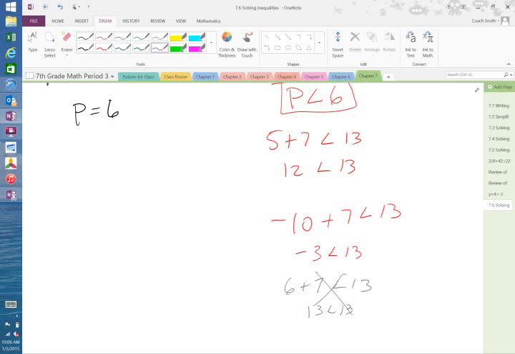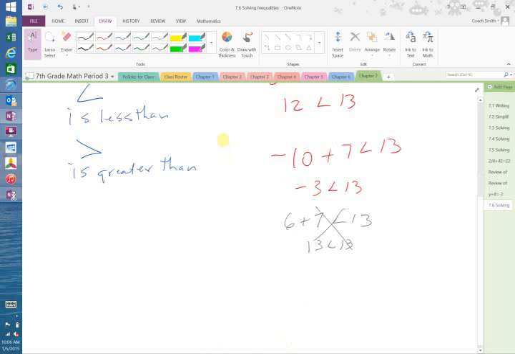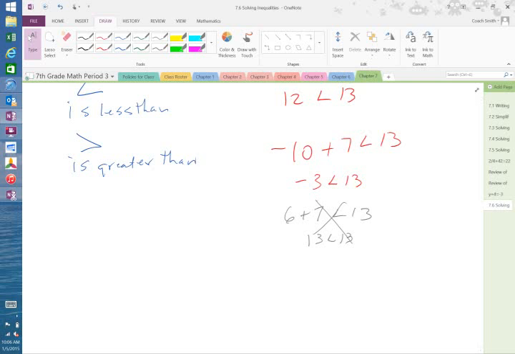Now, let's remember our inequality signs. Let's review those for just a second. This is less than. This is greater than. Now this is where the two signs we're going to talk about next come into play.